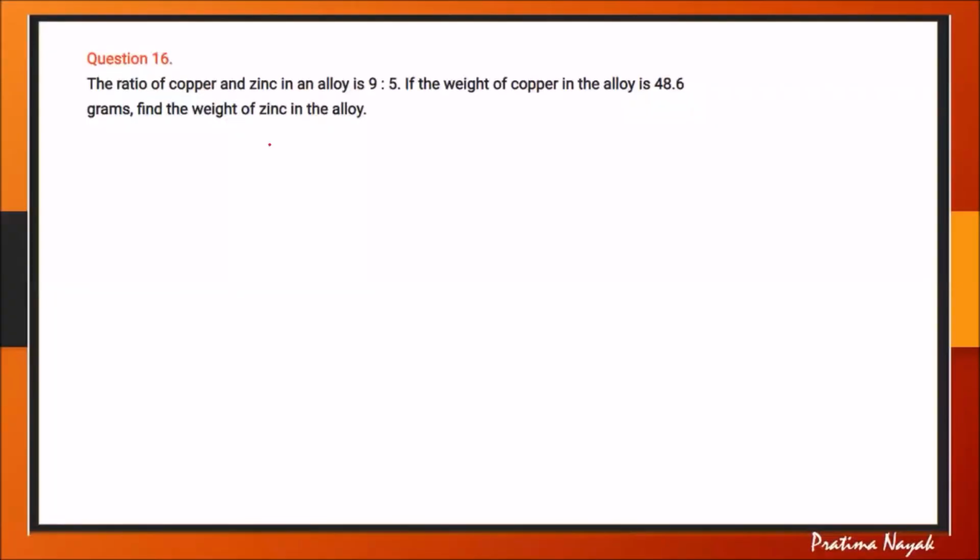The ratio of copper and zinc in an alloy is 9:5. If the weight of copper is 48.6 gram, find the weight of zinc in the alloy. What is an alloy? Alloy is a mixture of metal. Here copper is there and zinc is also there.